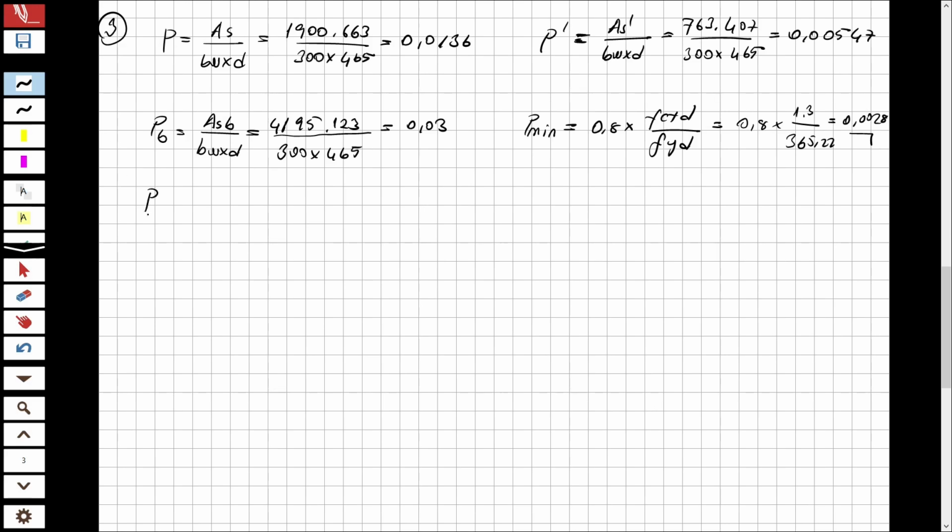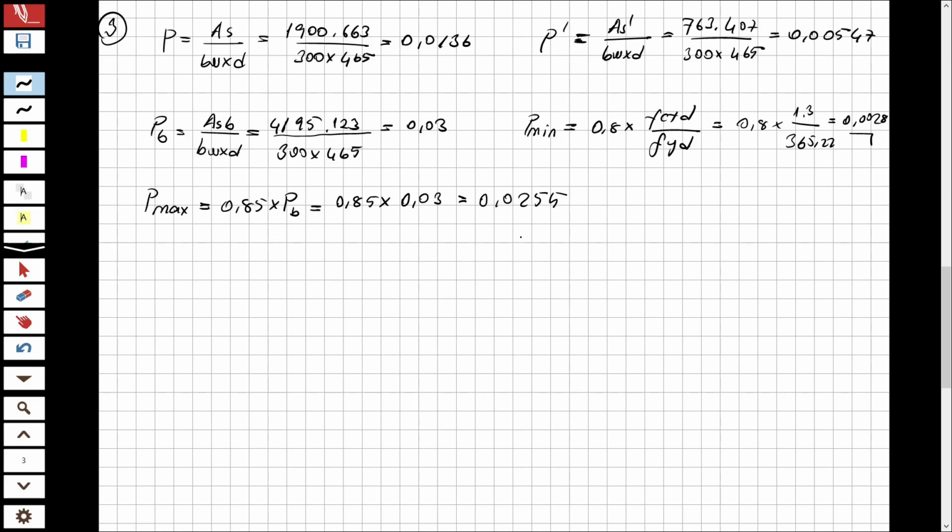Now that's enough. So let's find the rho max. For the rho max, then we are going to make a comparison, and this part will be finished. Rho max is equal to 0.85 multiplied with rho balance. Rho balance is 0.03, so it's going to be equal to 0.0255. Now this is the rho max. So let's make a comparison.